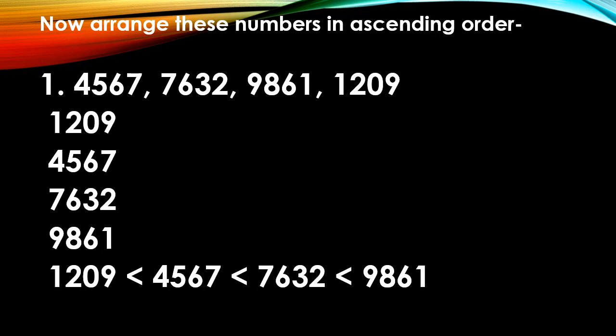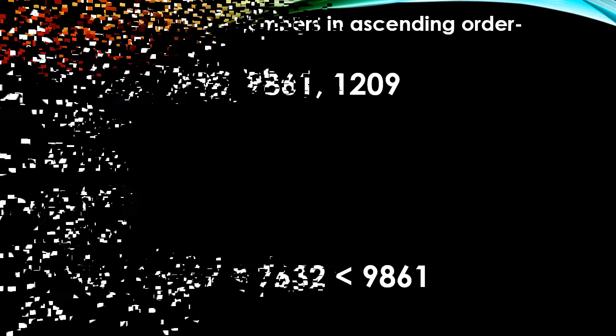So our numbers are arranged from smallest to the greatest, and now we are comparing using symbols. Now, as you see, the numbers are arranged in ascending order, which means from the smallest to the greatest.